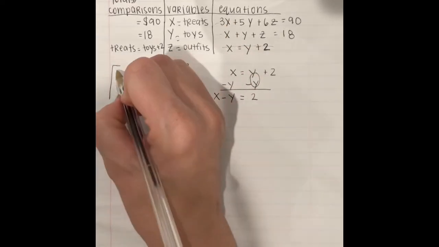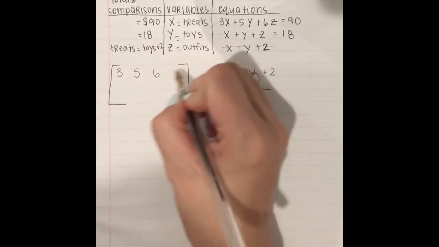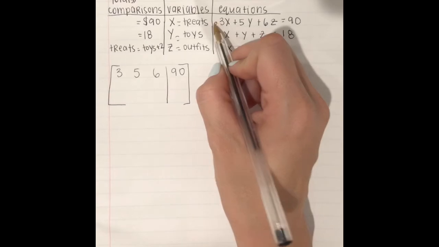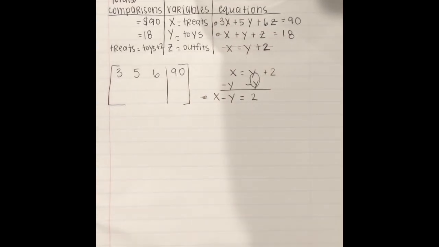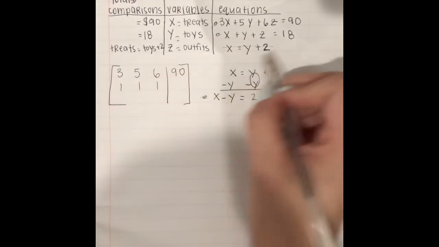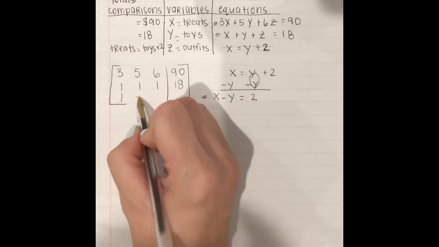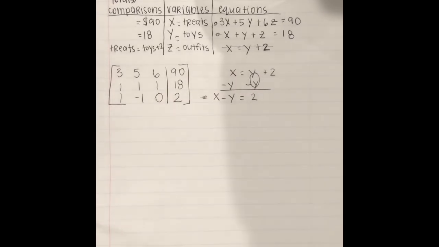So I have 3 X's, 5 Y's, 6 Z's equals a 90. And that's not negative, that's just me listing out these are my 3 equations I'm using to put in the matrix. And then I have 1 X, 1 Y, 1 Z, and it equals 18. And then I have 1 X, negative 1 Y's, 0 Z's, and it equals 2.